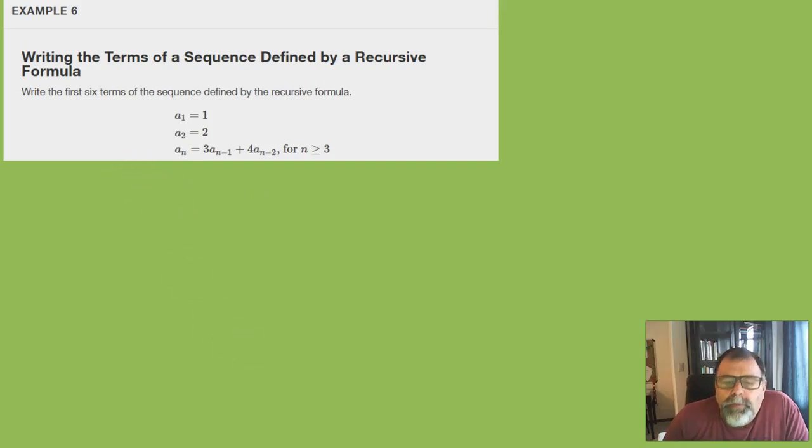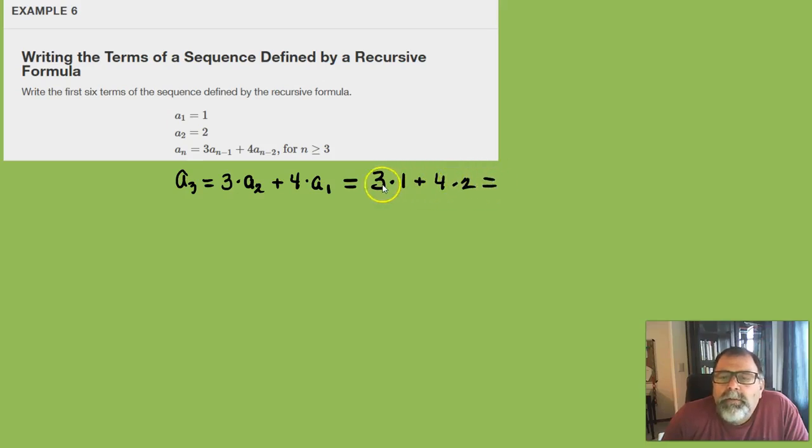So a sub 3 will be 3 times the one right before it, a sub 2, plus 4 times the one before that one, which is a sub 1. That's why you have to be given the 2 initial ones. So that would be 3 times 1 plus 4 times 2, which equals 3 plus 8 is 11.